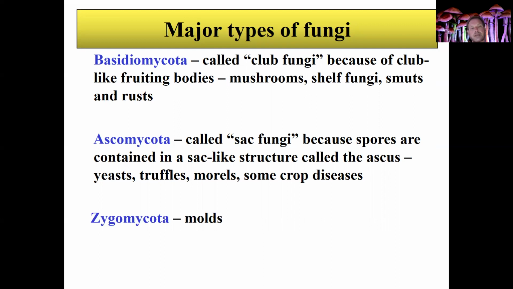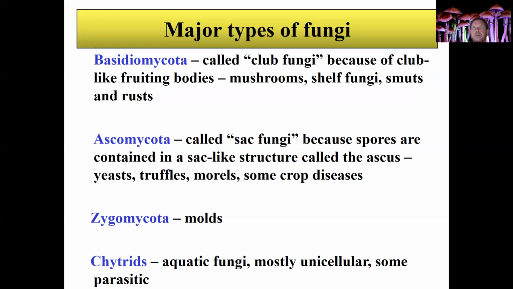And then you have the zygomycota. These are often called conjugated fungi because they reproduce sexually through conjugation. But most of them are molds, things that you get on your bathroom shower curtain or on rotten fruit.